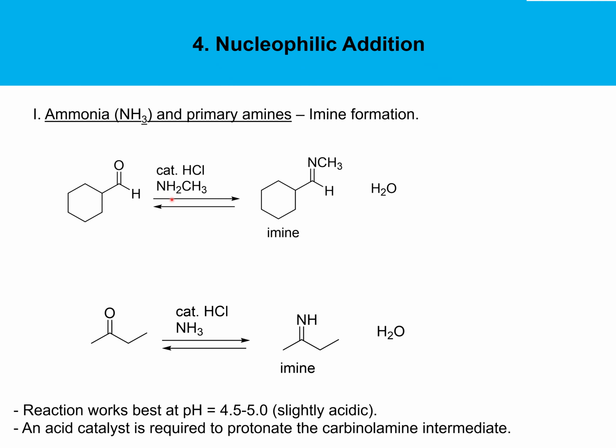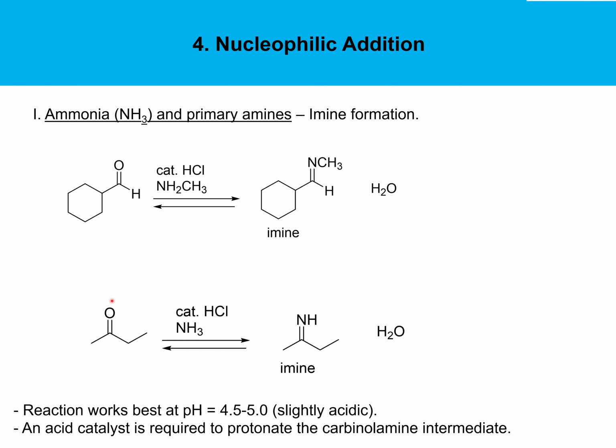So in order to draw the product, you want to take the nitrogen from the amine, place it where the oxygen of the carbonyl used to be, put a double bond there, and whatever alkyl group is on the nitrogen to begin with will also be in the product. The byproduct of this reaction will always be water. This reaction is reversible, so as you'll see in a moment, we can go from an imine back to the aldehyde by adding water and an acid.